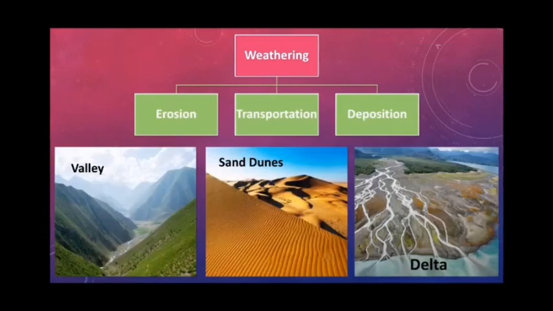So children, due to exogenetic movements, that is the external process of weathering, erosion, transportation and deposition, there are tertiary landforms that are formed like valleys, sand dunes, delta, U-shaped valleys, etc.